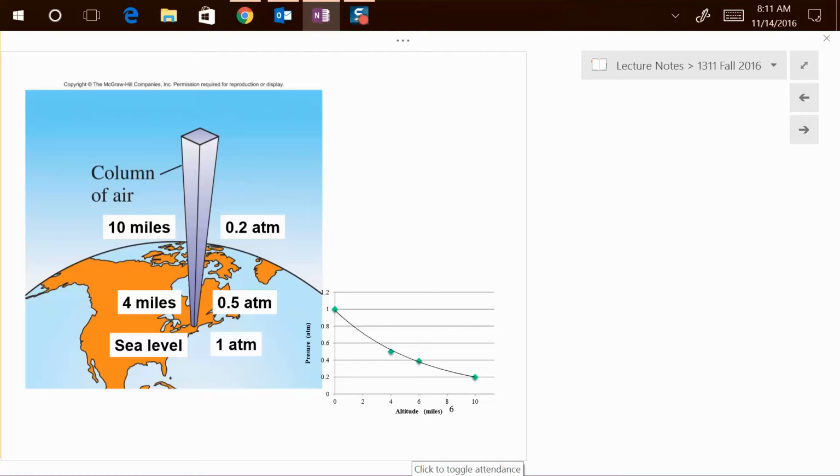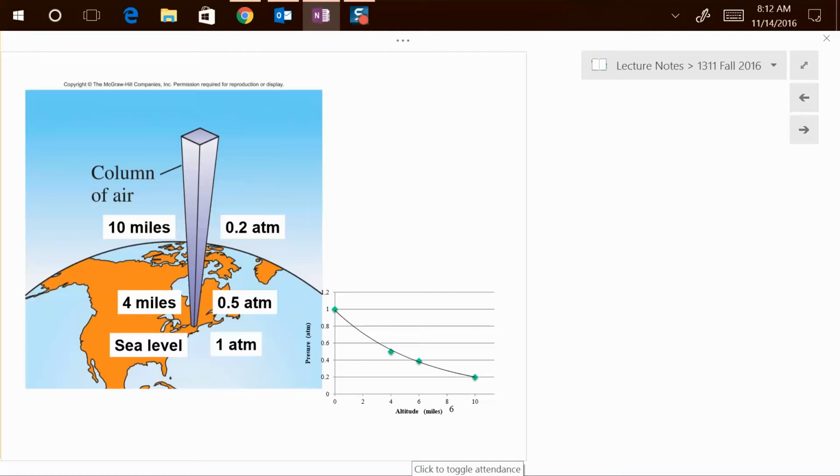And if I go up in the atmosphere, like in an airplane, I fly up into the sky, that pressure decreases. What do they have to do to the cabin of the airplane? Otherwise you'd feel all weird, right? Because the atmosphere would get so light up in the airplane, and you're used to this heavy pressure being pushed on you.